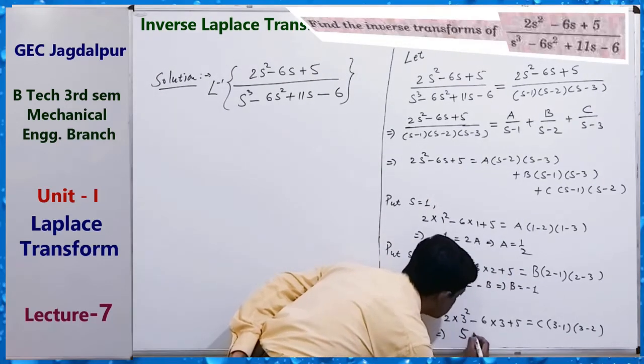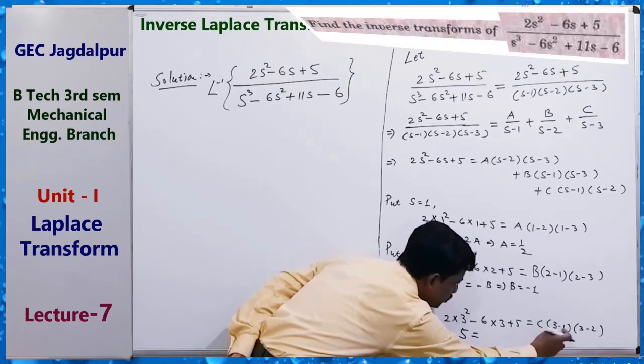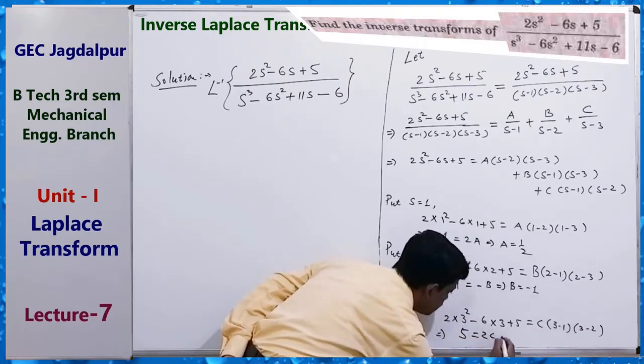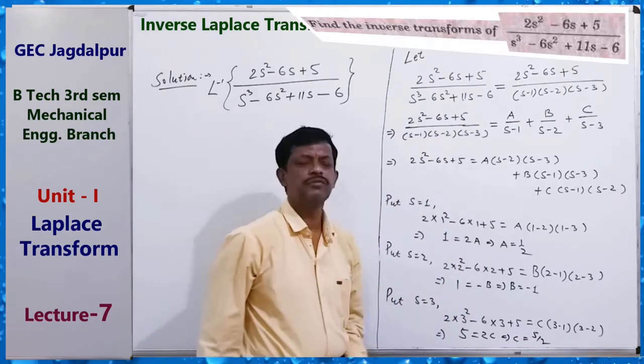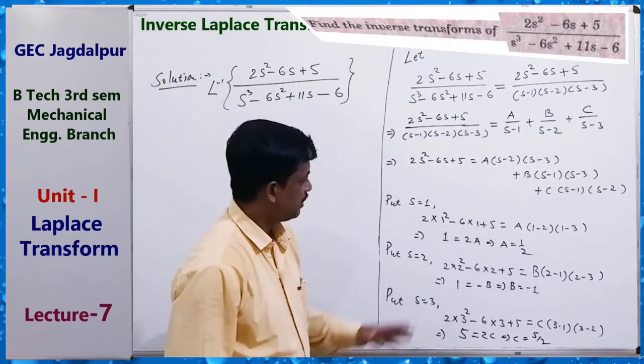So 5 equals 2c, that is c equals 5 by 2. So this is the process of finding the values of a, b, c.